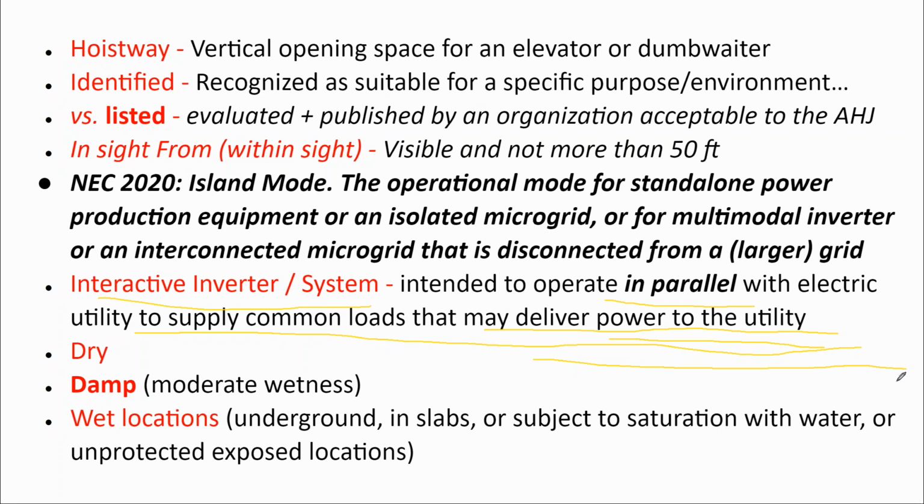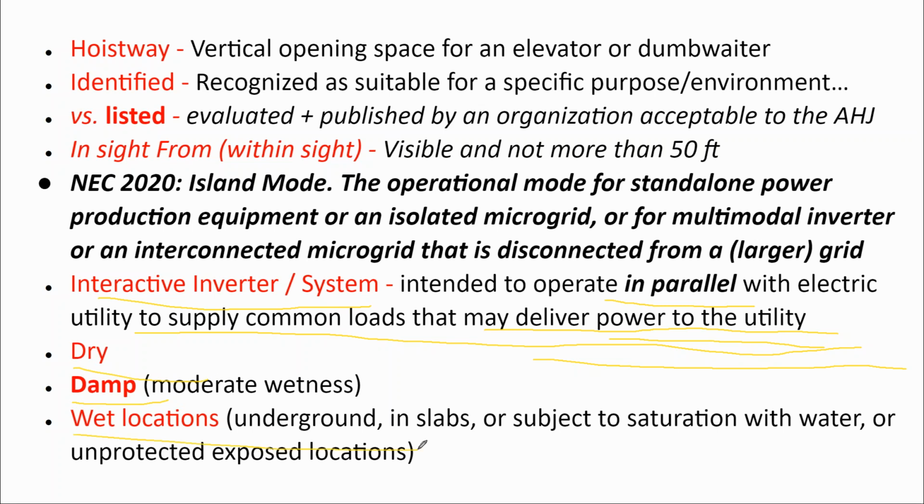A battery charger for your power tools has a battery and an inverter, but it's one-way electrical flow. It's not interactive. You can plug that into the wall and charge it. An interactive inverter is one that can output power to the utility.